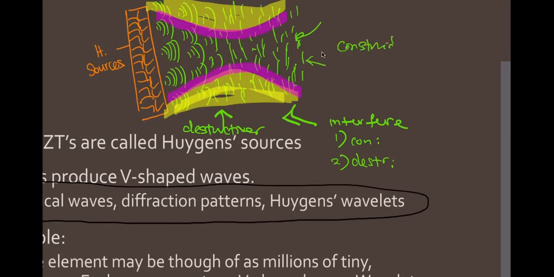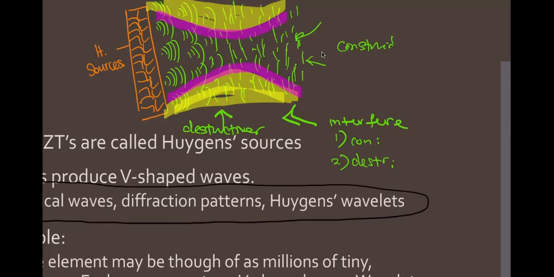The ones in the yellow that interfere destructively cancel each other out, so they're not there anymore. You're left with the ones in the center that have constructively interfered and therefore resulted in this trumpet-shaped beam, which is the shape of our sound wave.